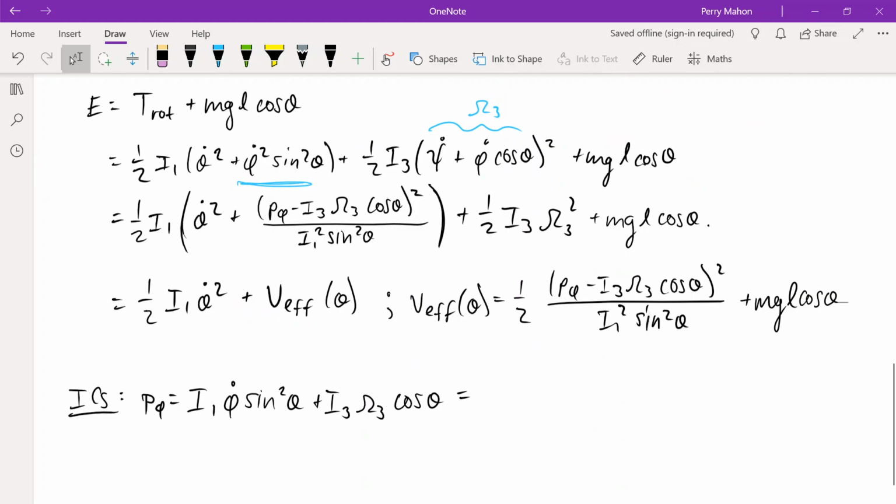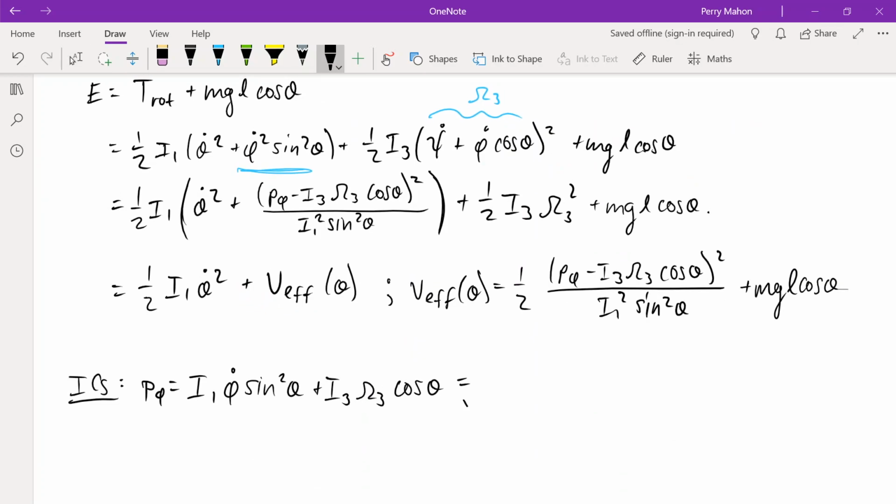But for our initial conditions, we set phi dot equals 0 and theta at 0 is theta naught. The first of these means that the first term vanishes, so the first term equals 0, and then it's plus the second term.